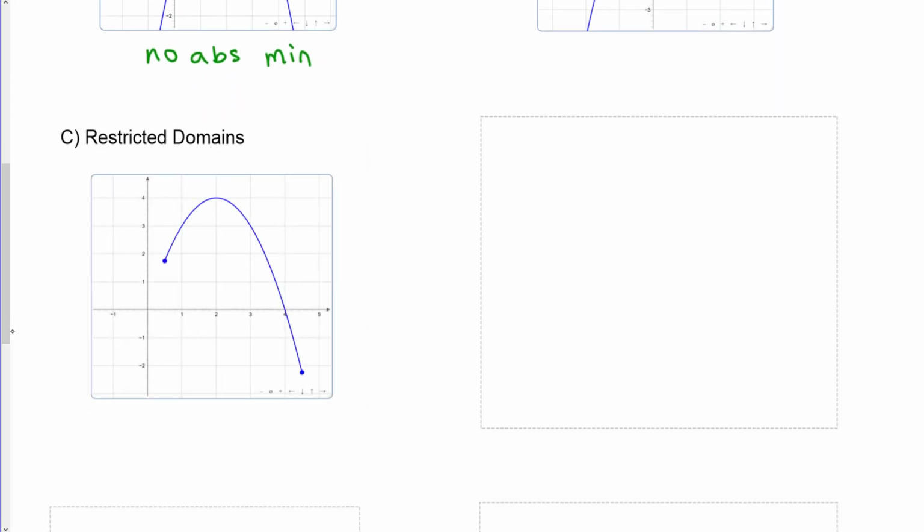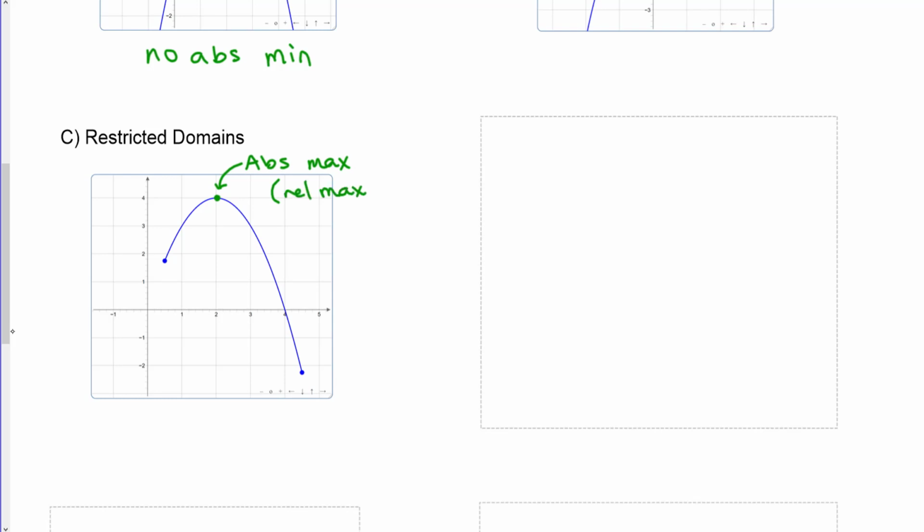Alright, let's look at one that's on a restricted domain, because if we restrict our domain, then different things can start to happen. So for this particular graph, we do have an absolute maximum, and that's happening at a point that it happens to also be a relative maximum.